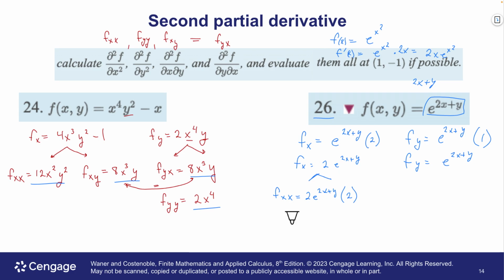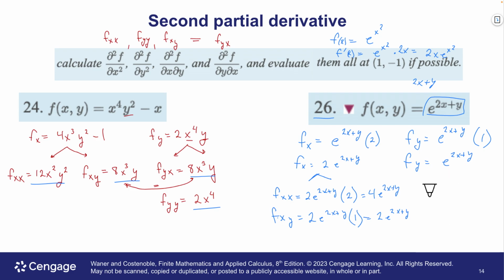So that would give us 4 e to the 2x plus y. Derivative of x with respect to y, it's going to be its own derivative. And then we take the derivative of the inside, which is just going to be 1. Derivative of y is 1. Derivative of 2x is 0. So we get 2 e to the 2x plus y.